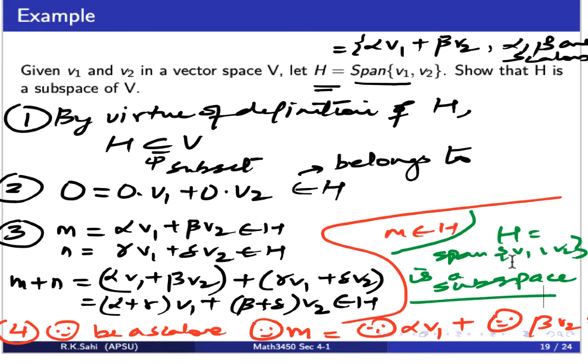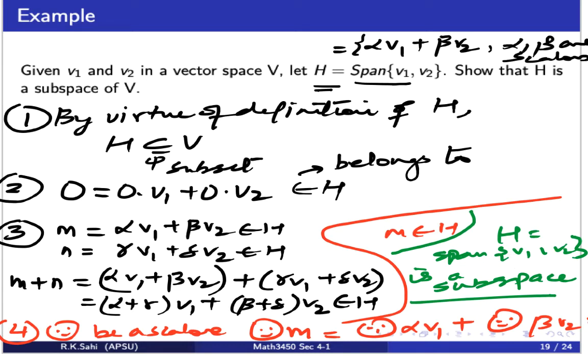Now, the most important thing for us is that any spanning set of a vector space will always be a subspace, and that's what we're going to be using in proving some of the questions.